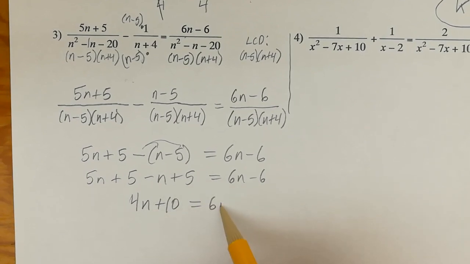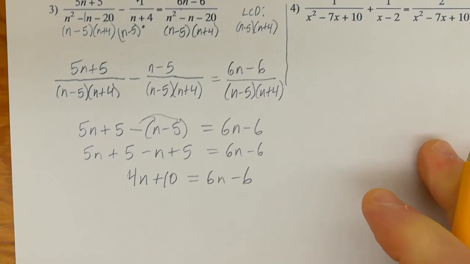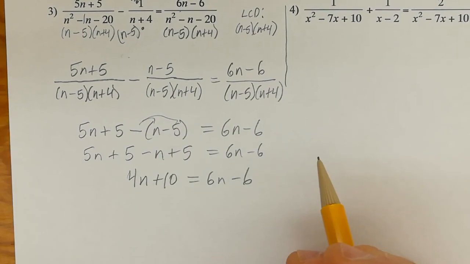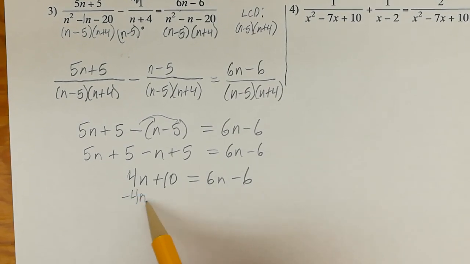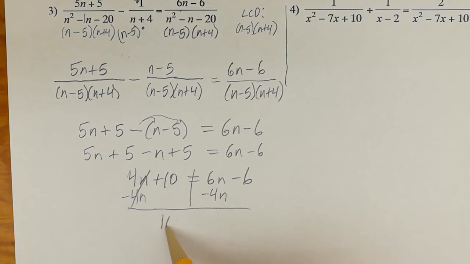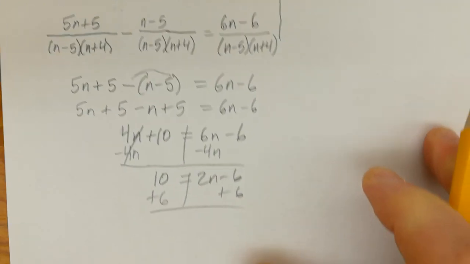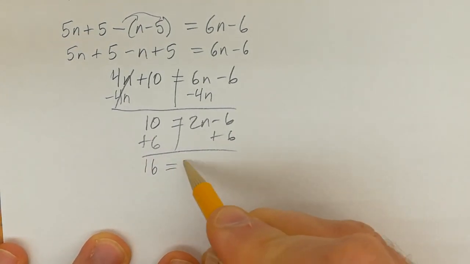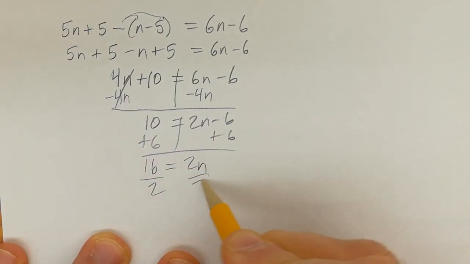I have variables on both sides, so I need to get them to one side, so I'll take away 4n. So 10 equals 2n minus 6, add 6. Get 16 equals 2n, divide by 2.